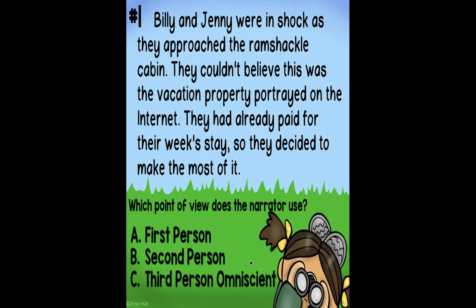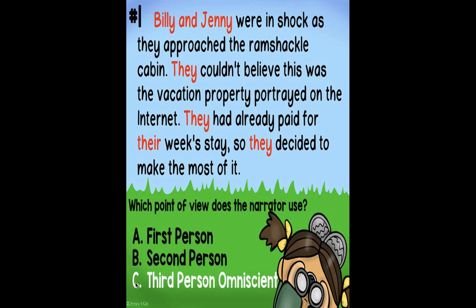Well, let's think about it. Let's go back and look for that. We're talking about Billy and Jenny, and they use words like they, and there's more than one person. So I'm going to venture to say that the answer would be, you guessed it, third person omniscient. And here we go. We have highlighted Billy and Jenny, and you see all those words, they, their, and they.